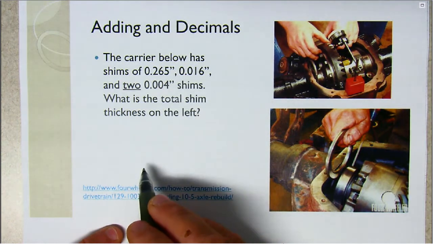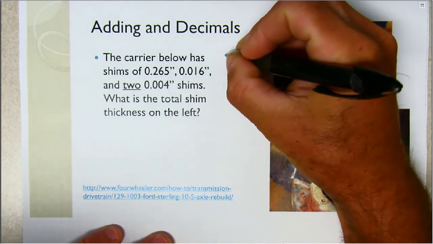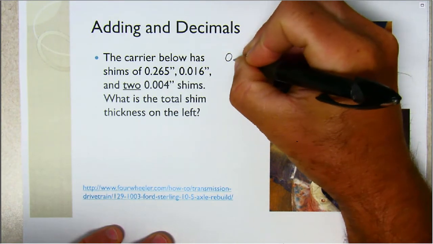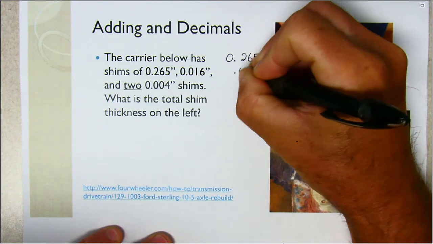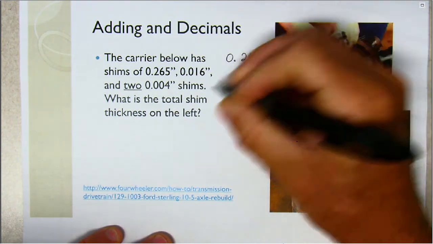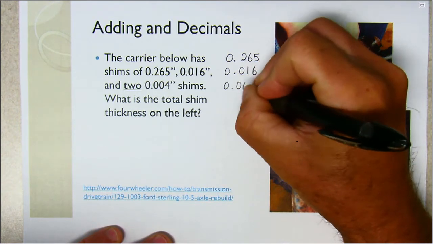Well, we're going to add those up. The only thing we need to keep in mind is when we add up decimal values, the decimals have to align. So we're going to add up 0.265, 0.016, and 2 of those 0.004.